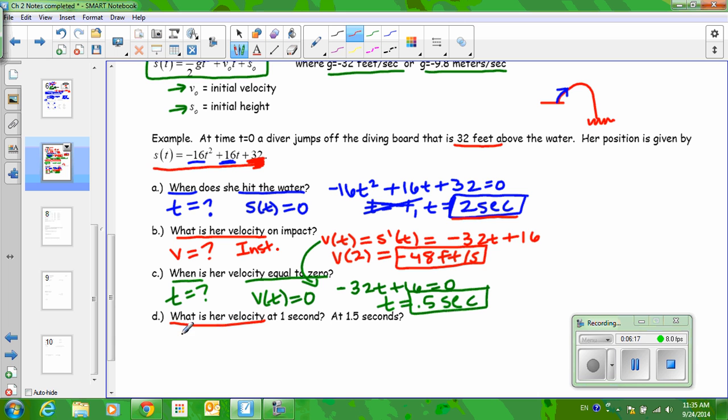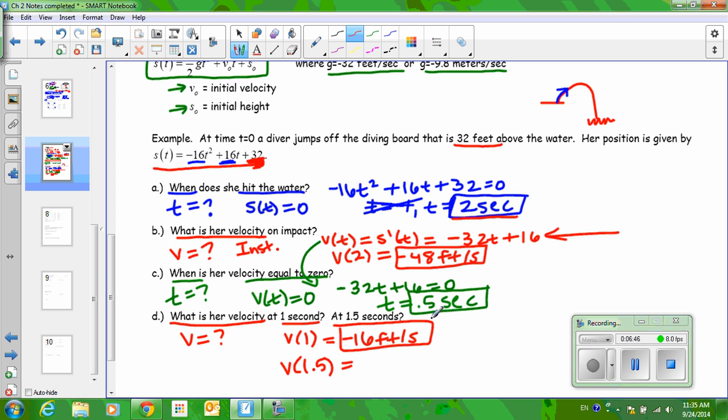All right, last one. What is her velocity? So trying to find velocity at 1 second. So this is just what is v of 1? Okay, so v of 1, going back to our velocity expression right here, negative 32 times 1 plus 16, that's negative 16 feet per second. 1.5, we would do the same way.